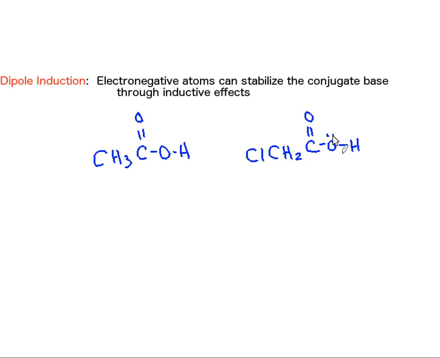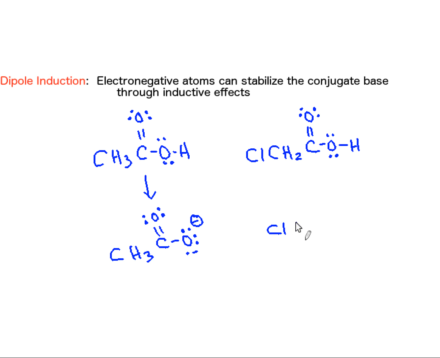Okay. Let's put the lone pairs on our oxygens just to be clear. Now, just like when we were discussing resonance, we're going to draw out the structure of the conjugate base for these molecules and try to figure out how stable those conjugate bases would be in comparison to each other.